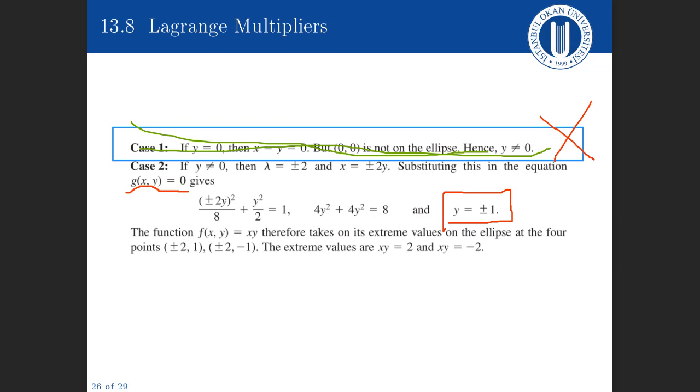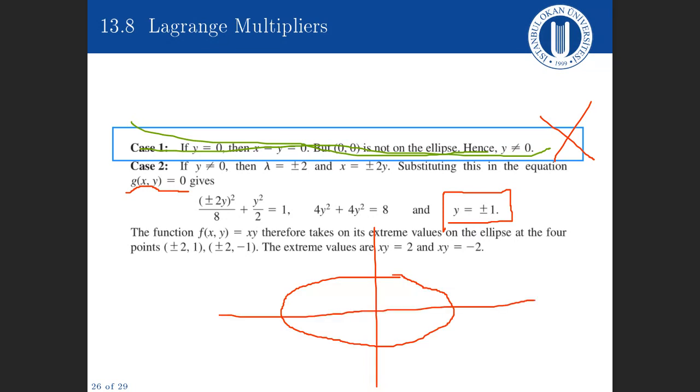If you think of our ellipse, it looks like this. That gives 4 points: plus 1, minus 1, plus 1, minus 1. We're either 2, 1, or 2, minus 1, or minus 2, 1, or minus 2, minus 1. And at these points, xy is either equal to 2 or is equal to minus 2. So these must be the extreme values.